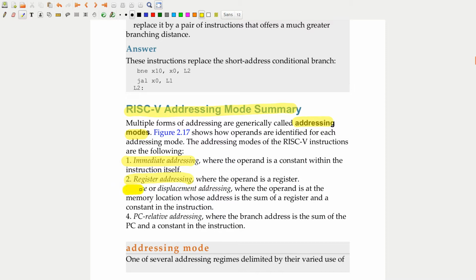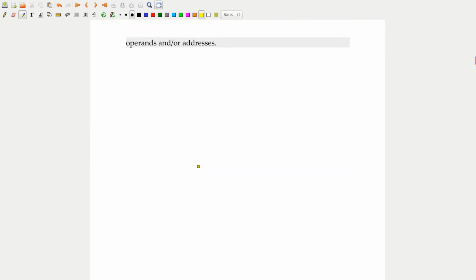We have base or displacement addressing, which is similar to PC relative addressing, except instead of using the program counter, we're using some other register. And for PC relative addressing, we're using the program counter plus some other constant to go someplace.